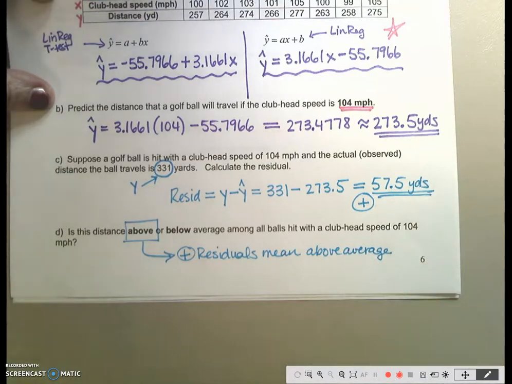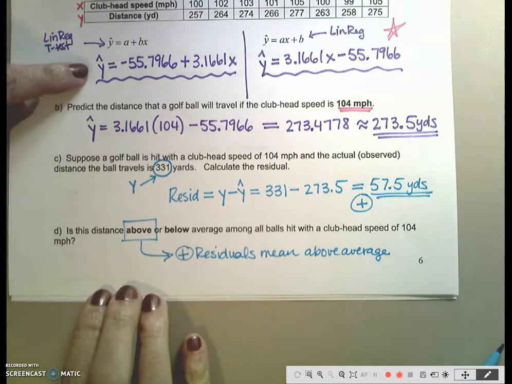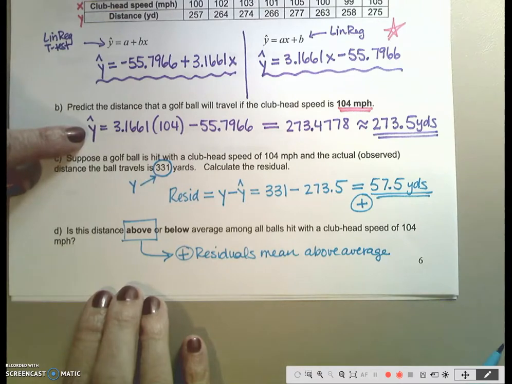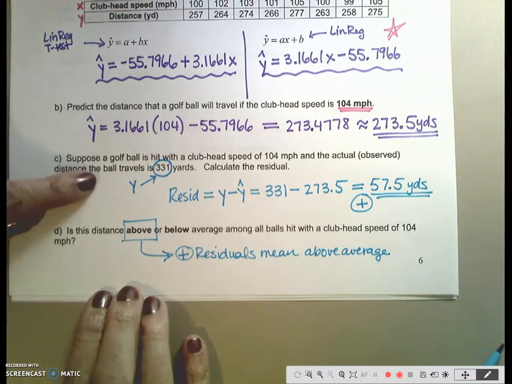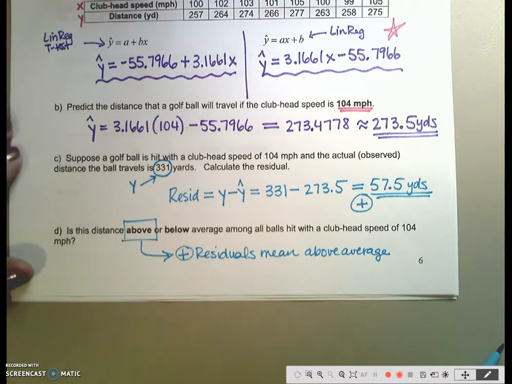If that value had been negative, we would have said below average. So that's how you calculate a residual. This is the whole section in a nutshell. Come up with a line, make a prediction, compare your prediction to an actual data point, and calculate a residual and tell if it's above or below average.